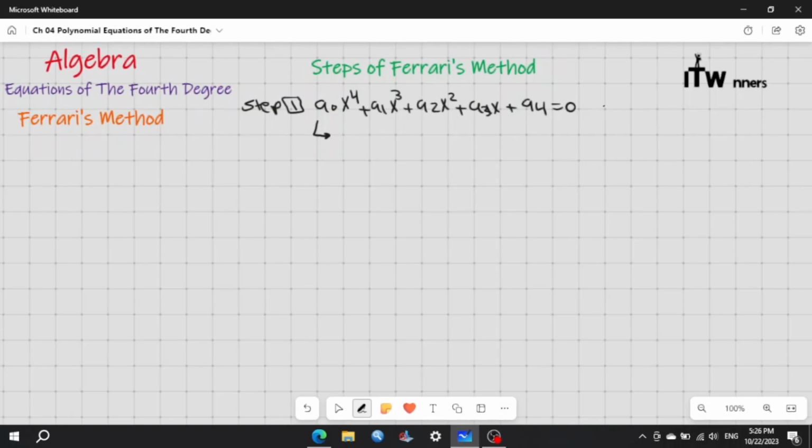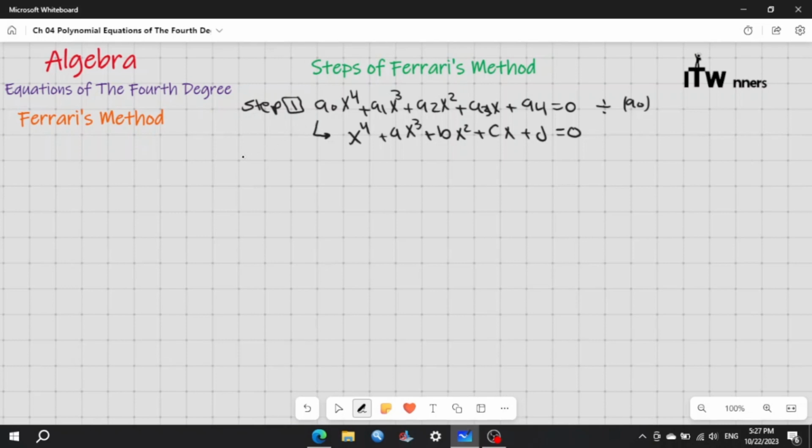So here we just divide by a0. Okay, so we obtain x power 4 plus a x cubed plus b x squared plus cx plus d equal to 0. So this is step 1 of Ferrari's method.